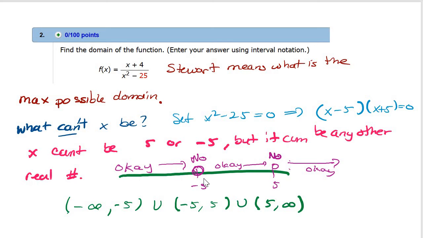The second chunk is between -5 and 5, not including the endpoints. The third chunk is 5 to infinity, and I put open brackets around this. If you don't remember what these U's mean, they mean union. So it's this chunk, union this chunk, union this chunk, and I represent it in open interval notation.